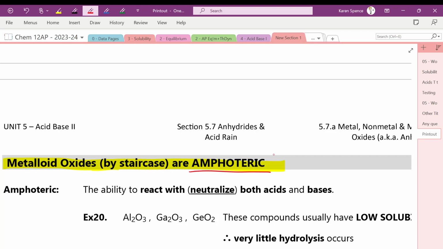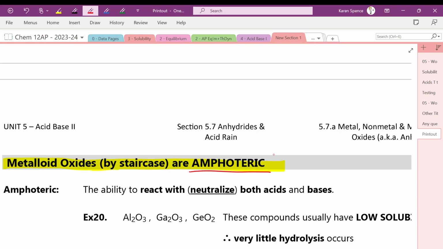They were not metalloids. But Chemistry 12 tells us that metalloid oxides are the ones that are amphoteric, so we're going to go with that for right now, because it's kind of true.